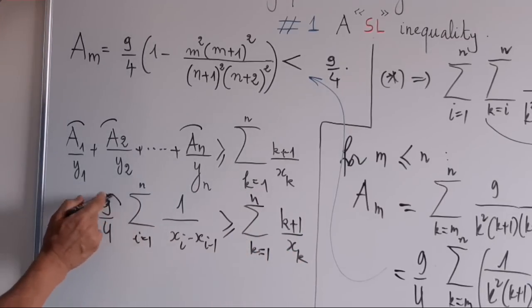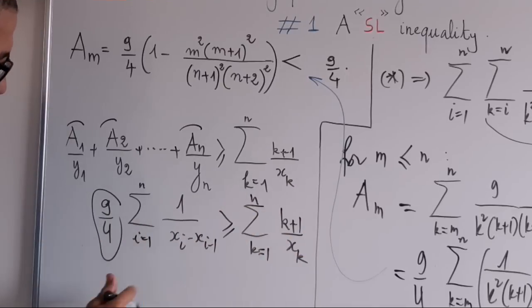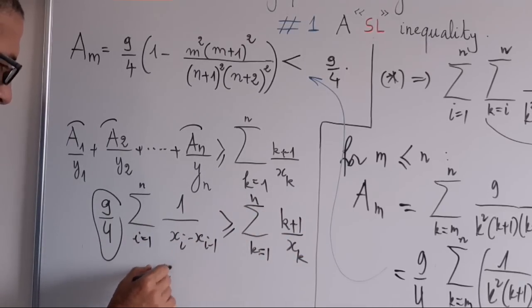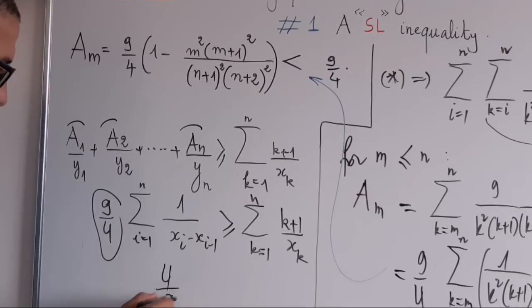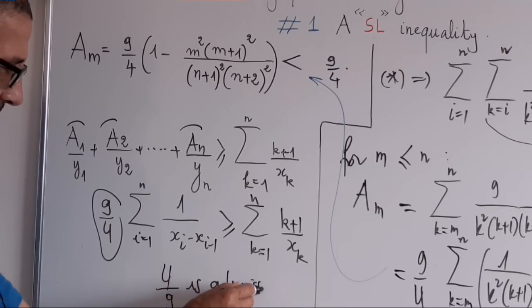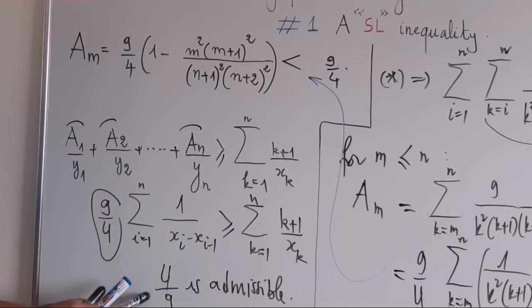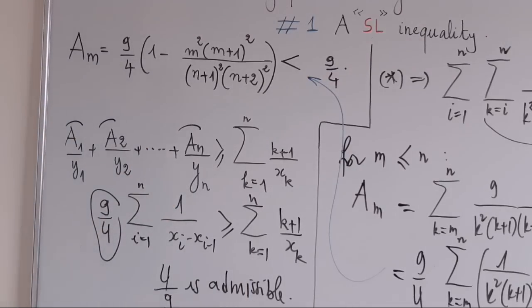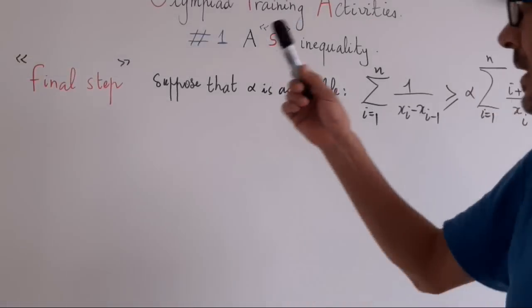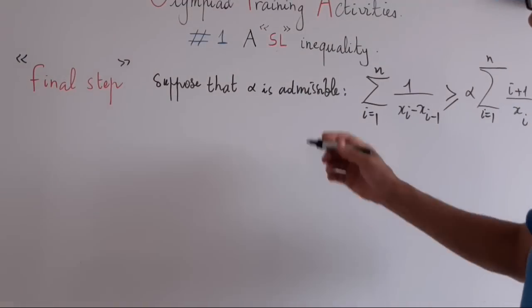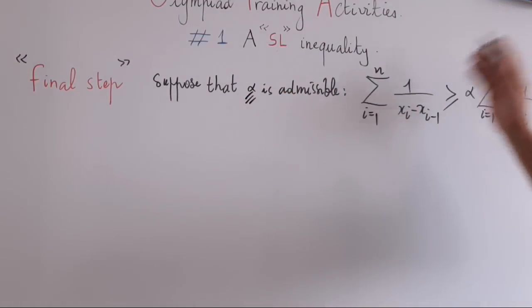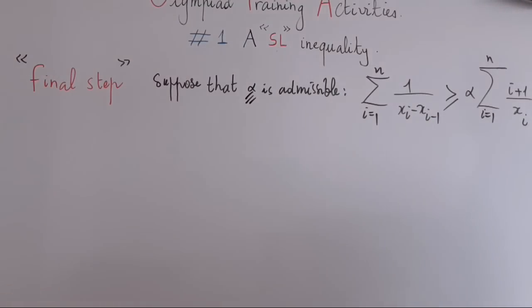And we see that if we invert it here, the number 4/9 is admissible as a solution. But it remains to prove that it is the largest constant, which will be the subject of this last step of the solution.